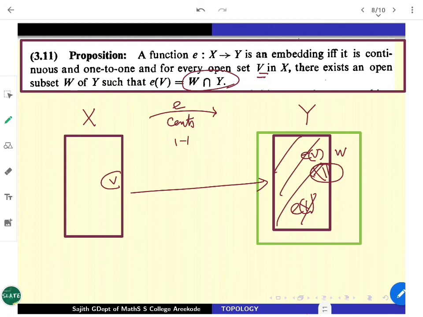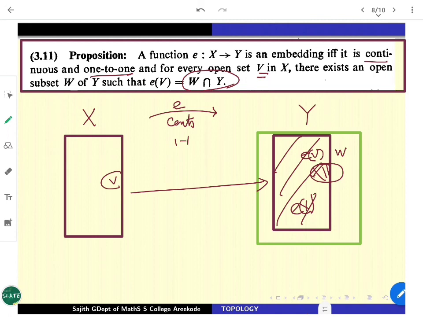See, it's very much clear, because of how an open set in the subspace topology is given. It is an embedding if and only if 1-1ness is given, continuity is also supplied. We need only openness for the remaining part, but openness you have to talk about according to the onto part.